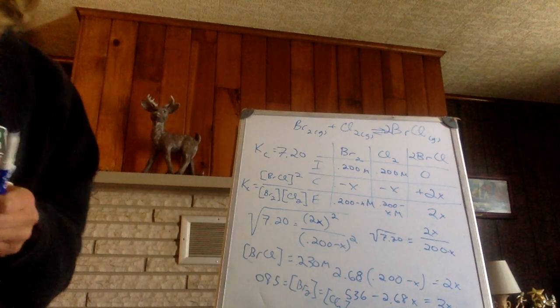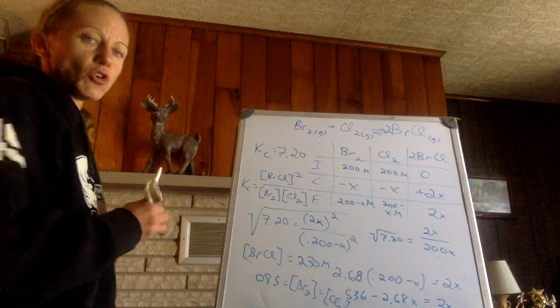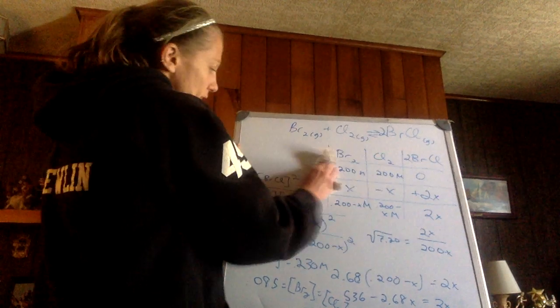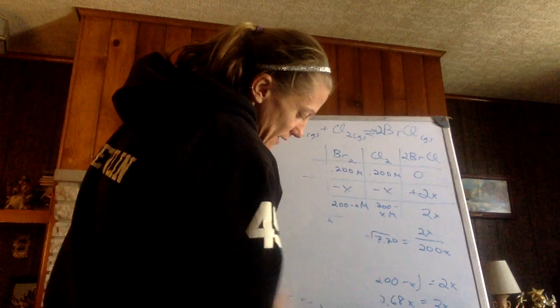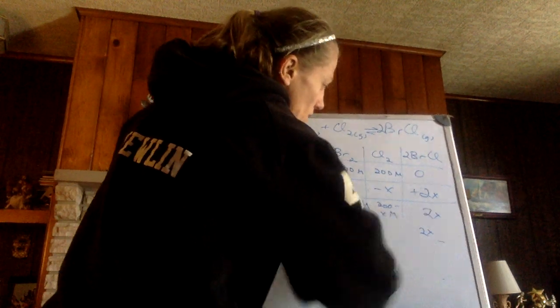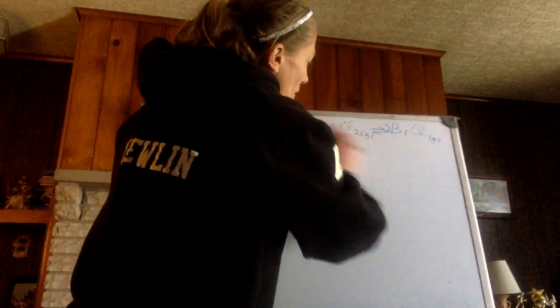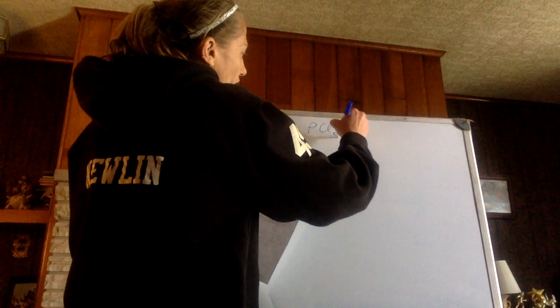Now for the Q and K one. This one's a little more straightforward. There's no ICE chart. So just give me a second to get it cleaned up. We're looking at Kp's here, and one of the comments was how you write Kp on your papers. We got PCl5.